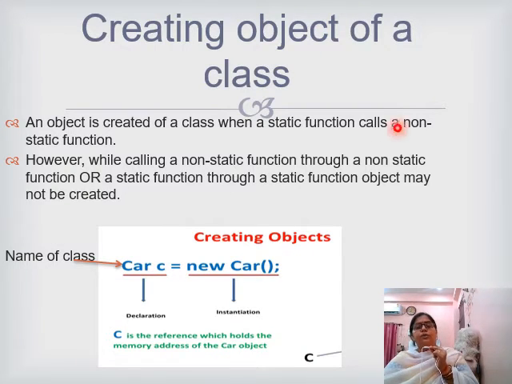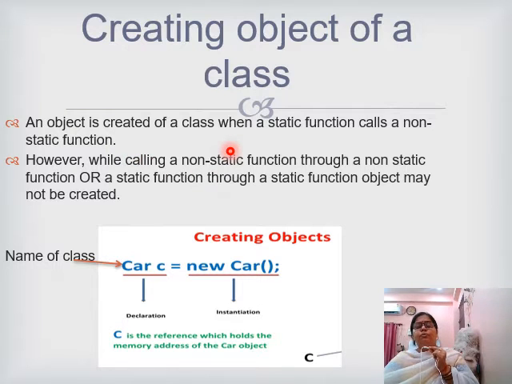Now we must know about creating an object of a class. In class 9 we learned about this, but we are going to revise it. An object is created of a class when a static function calls a non-static function. Pay attention here.